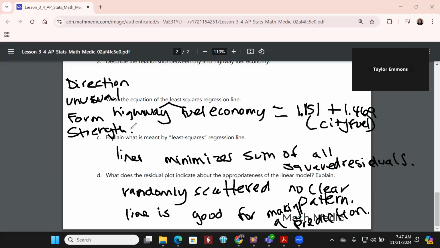So direction, is it going up or down? Does it have any outliers? Is it linear, nonlinear? And how strong is it? So that's what DUFS stands for when we talk about describing the relationship.